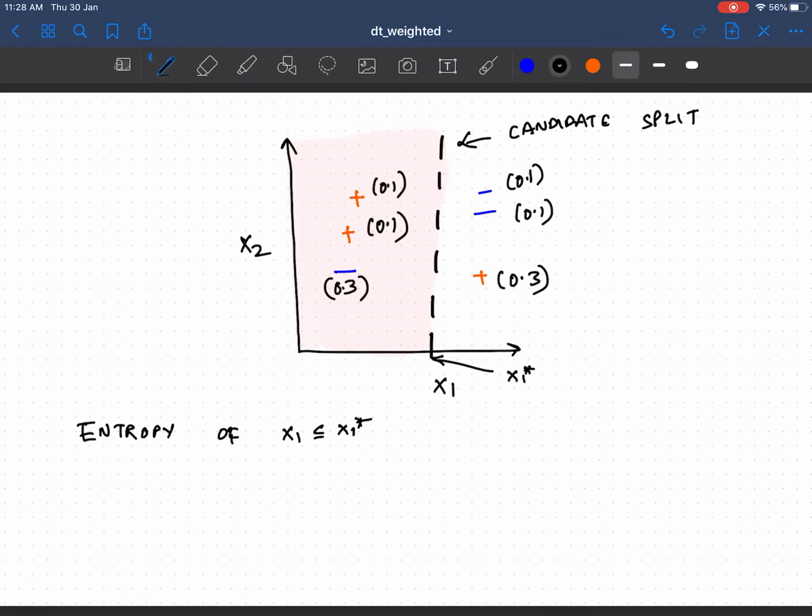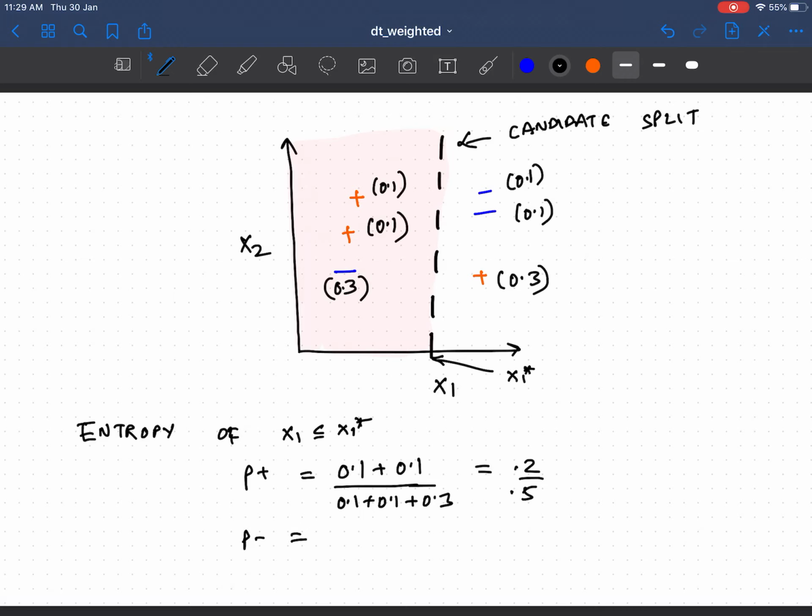If you're trying to find the entropy of this region, the probability of plus is 0.1 plus 0.1 divided by 0.1 plus 0.1 plus 0.3, which is 0.2 by 0.5.